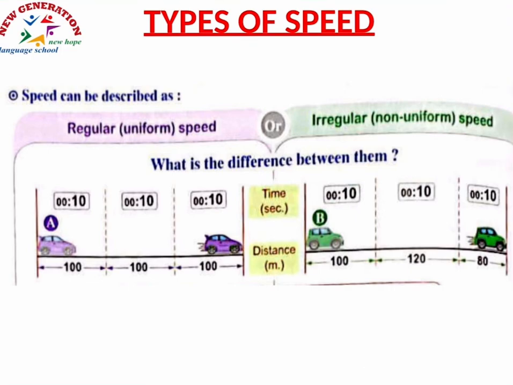Types of speed. We have two types of speed, regular and irregular, or uniform and non-uniform. Okay, look carefully to the picture in front of you.